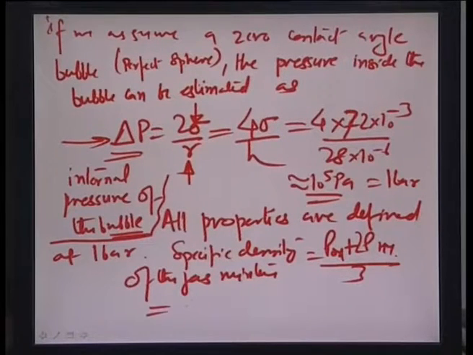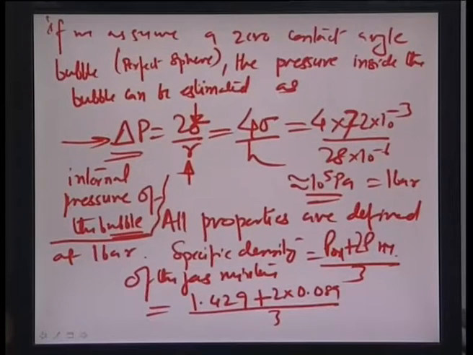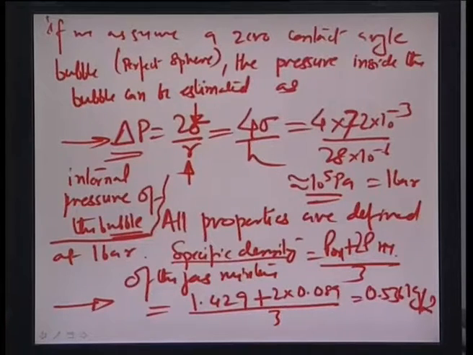This comes out to be 1.429 kg per meter cube plus 2 times 0.089 kg per meter cube, divided by 3. That is about 0.536 kg per meter cube. That is the specific density of the gaseous mixture in this particular case.